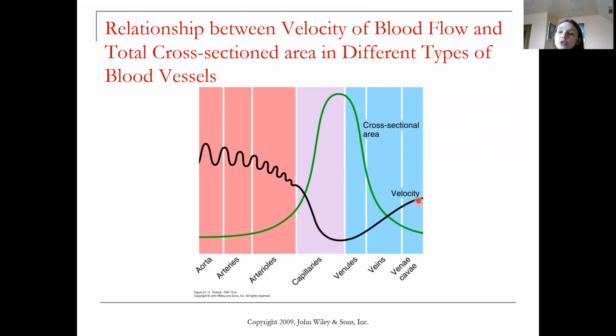So the conclusion we could make is that high velocity is mainly present in vessels with a small cross-sectional area. And vessels which have a smaller diameter will have the greatest total cross-sectional area, and logically the velocity of blood flow in this region will be slower.